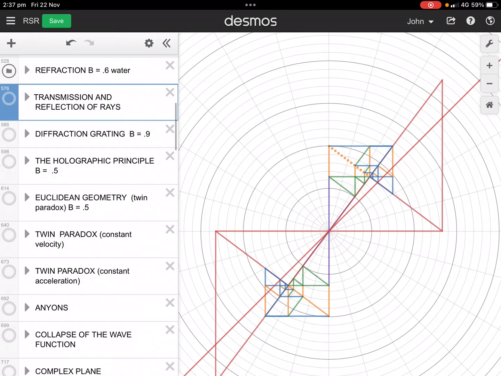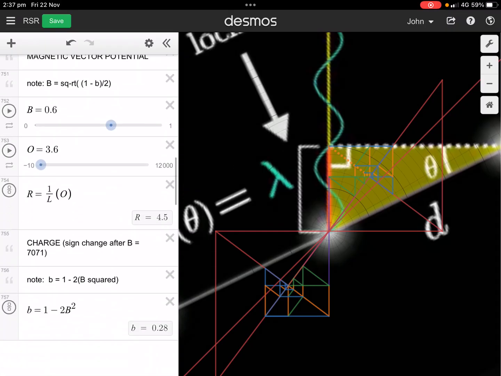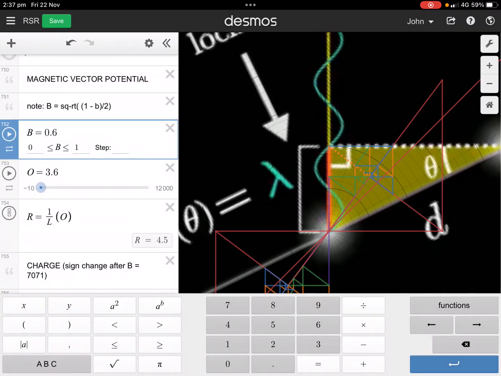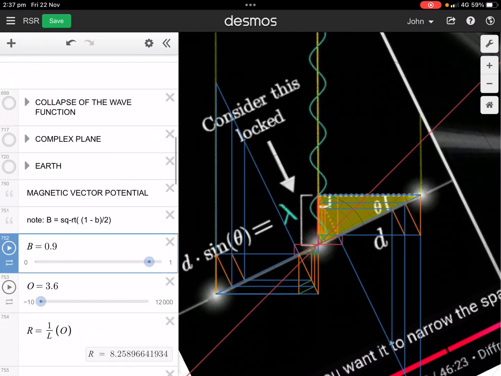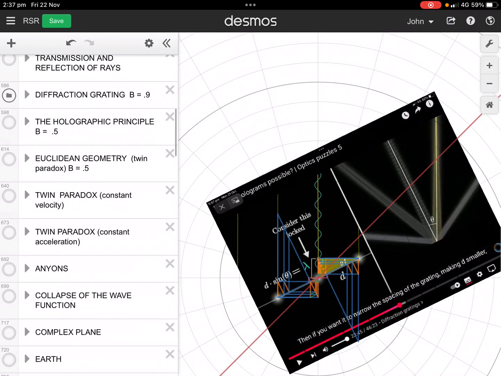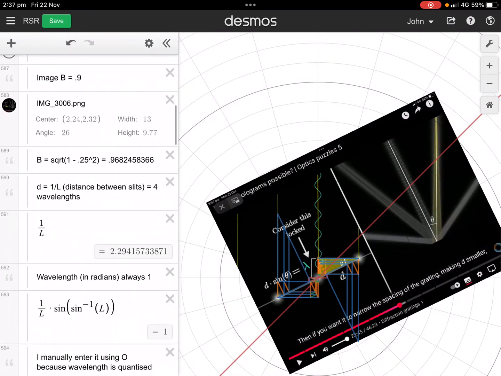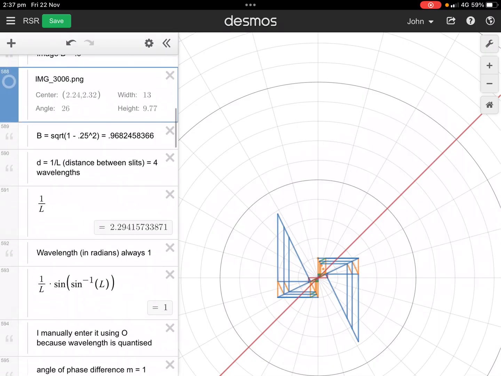And then I've got a diffraction grating, so I need to go to 0.9, because now that's what it looks like. So it's clear that little d is gamma. 1 is the wavelength, it's a constant.